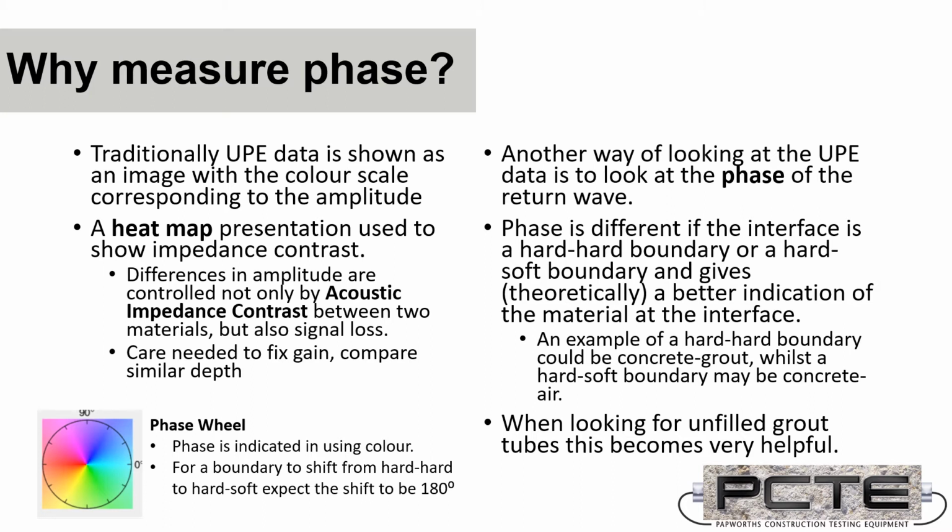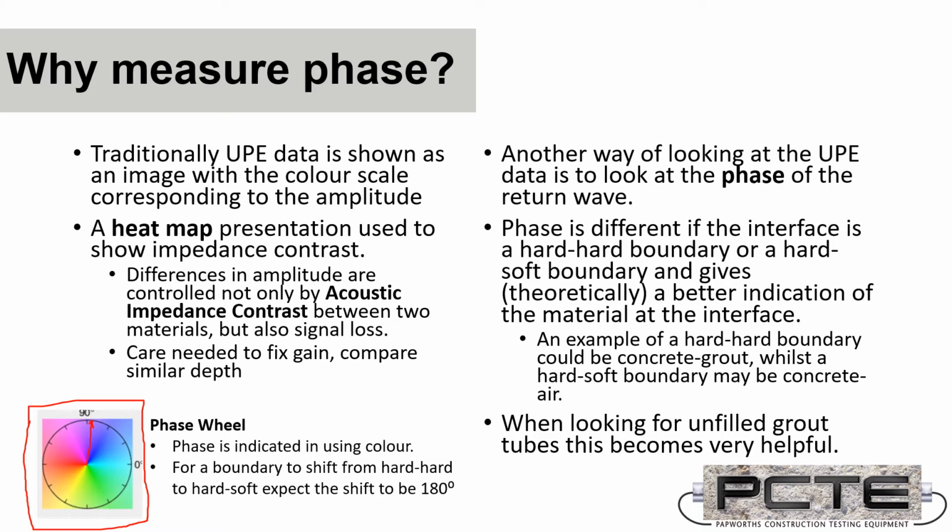Now, when we're looking at the upcoming examples, I'll be presenting a phase wheel, which you can see in the bottom left corner here. This is a presentation of what phase shift was experienced by the shear wave that was sent from the Pundit array into the concrete element and then reflected back from the duct or the bottom of the slab or somewhere else in that concrete element. Practically, there will be a number of indicator arrows coming from the center of that phase wheel to show the phase shift.